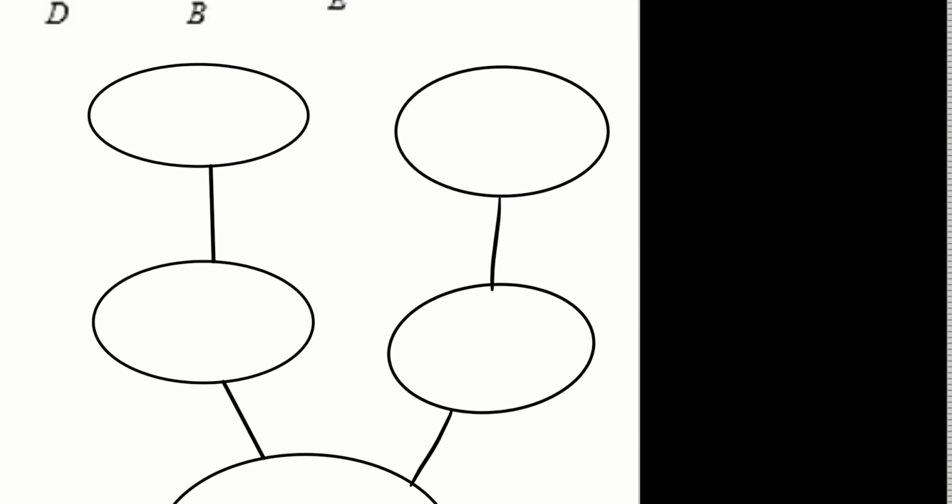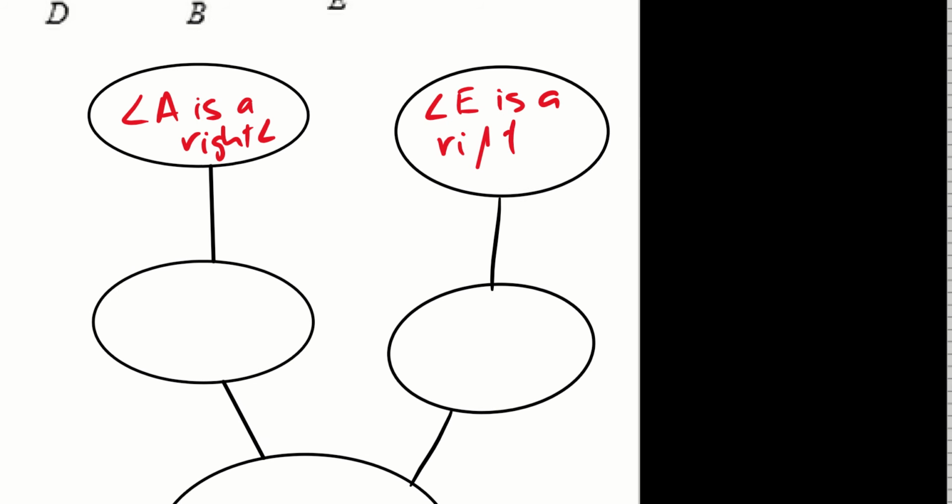I guess let's start with this one. I don't think it's complicated, it's just a little tedious. So I'm going to say angle A is a right angle, and angle E is a right angle.